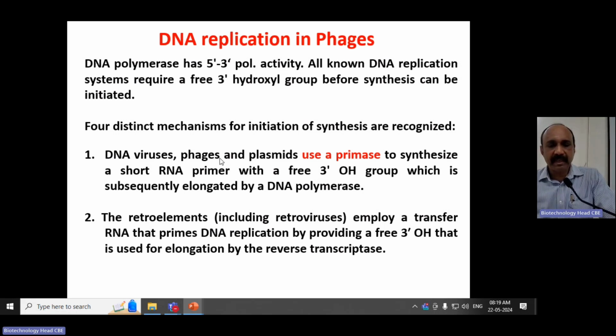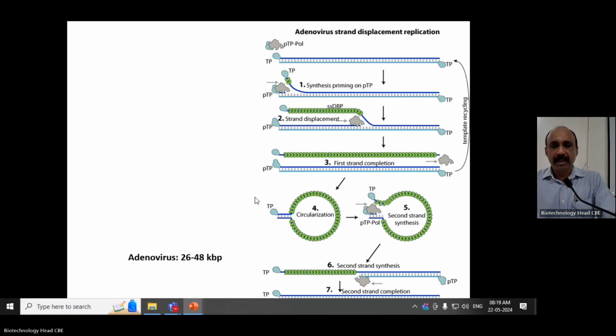So what happens, again, in all these DNA viruses, and this is in RNA viruses, is that you have this primase, which first starts the DNA synthesis and provides the free 3' OH group. So starting with this.